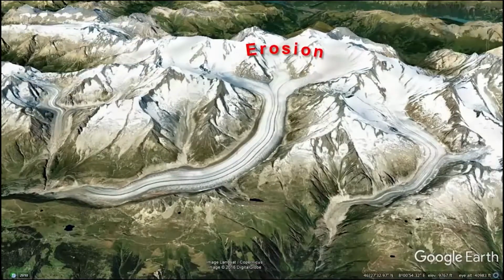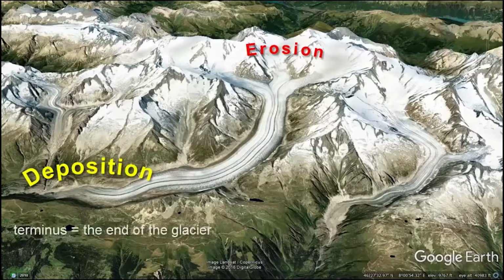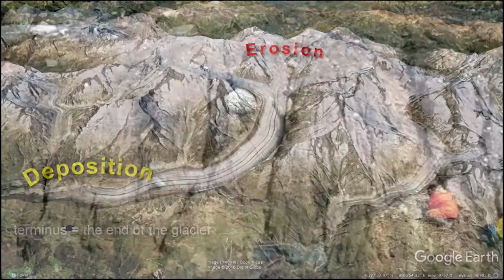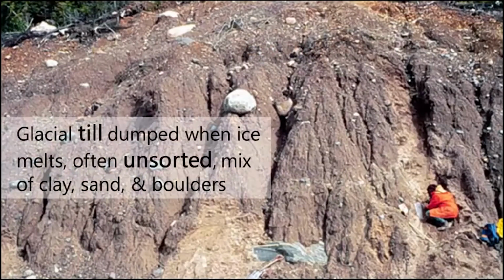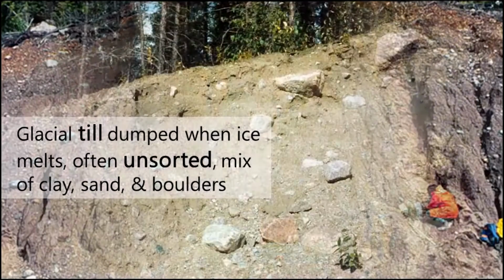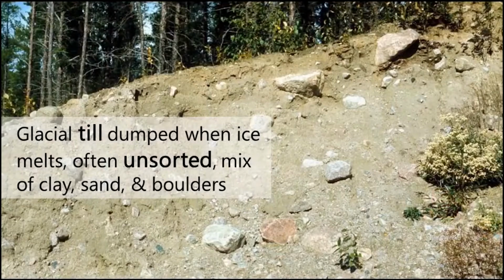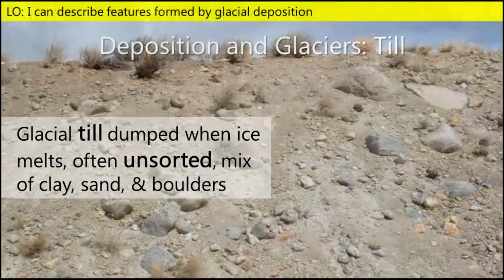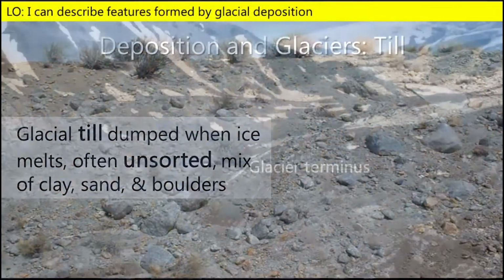Up to now, we've been focusing on processes that cause erosion. Now we want to turn our attention to features formed when glaciers deposit material near their terminus. Most deposits left behind by glaciers are composed of a generally unsorted mixture of clay, silt, sand, and boulders, known as glacial till.